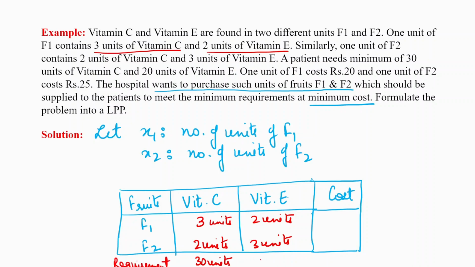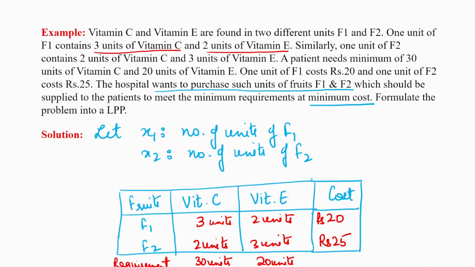And for vitamin E, they require 20 units. That's the minimum that they need to have. And 1 unit of F1 costs 20 rupees, and 1 unit of F2 costs 25 rupees. So now we can formulate our LPP.